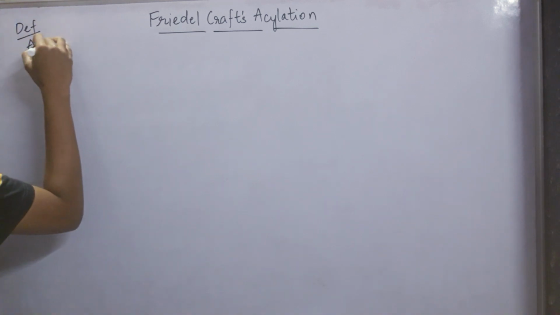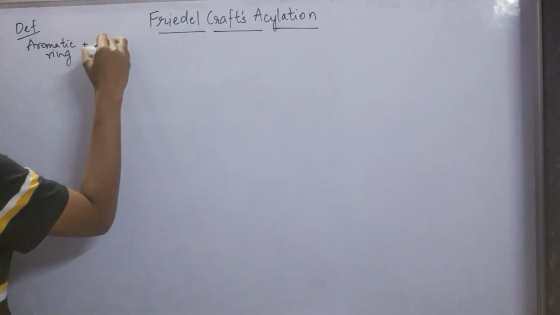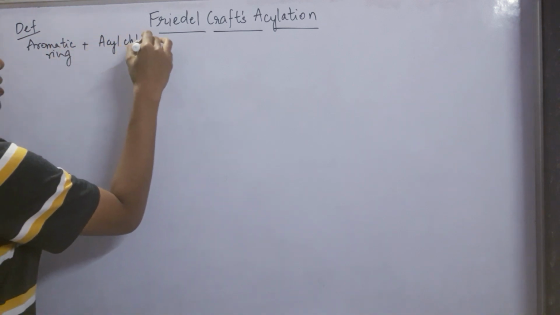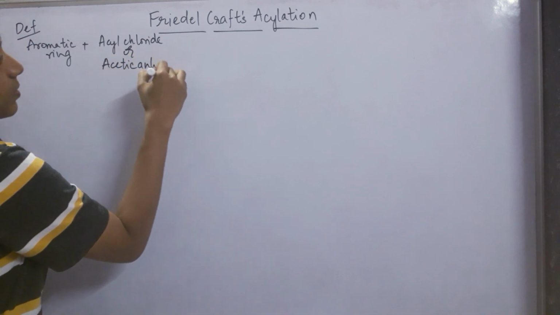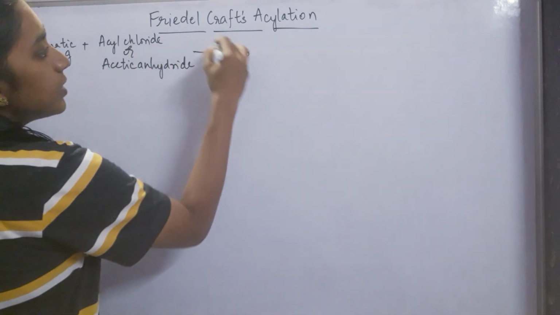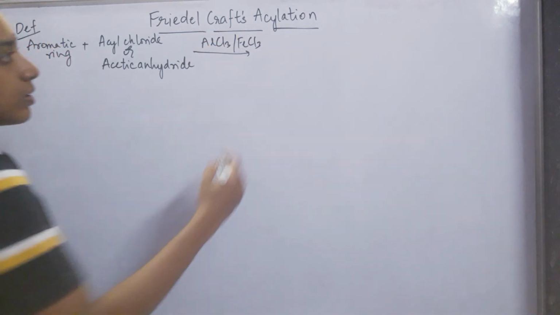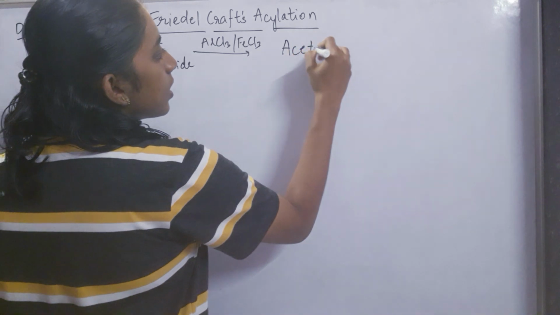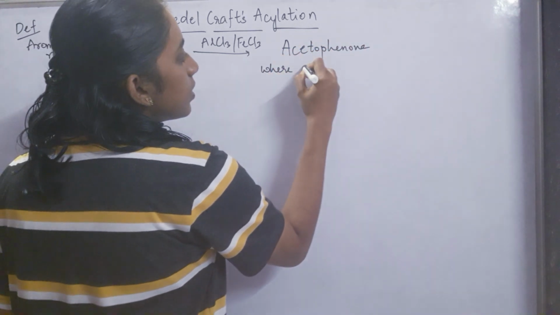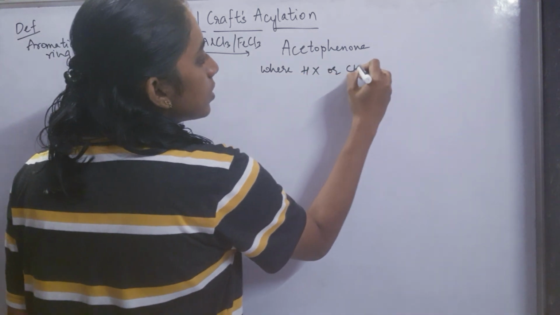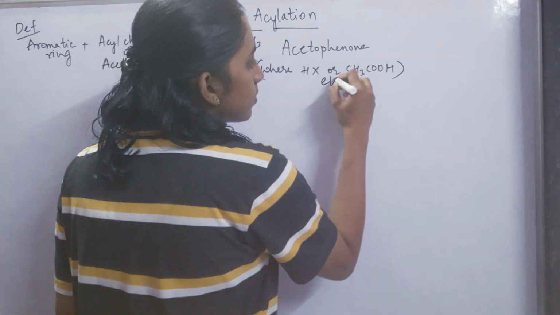When an aromatic ring reacts with acyl chloride or acetic anhydride in the presence of Lewis acid AlCl3 or FeCl3, it gives us acetophenone, where HX or CH3COOH groups will be eliminated.